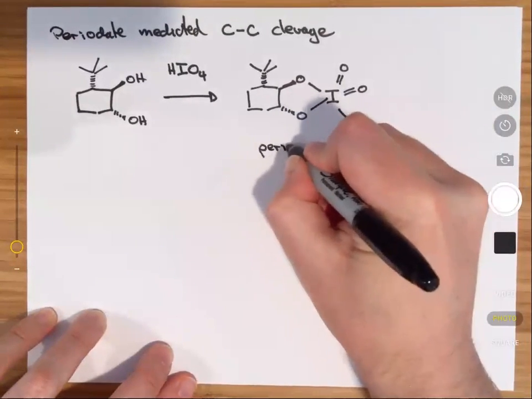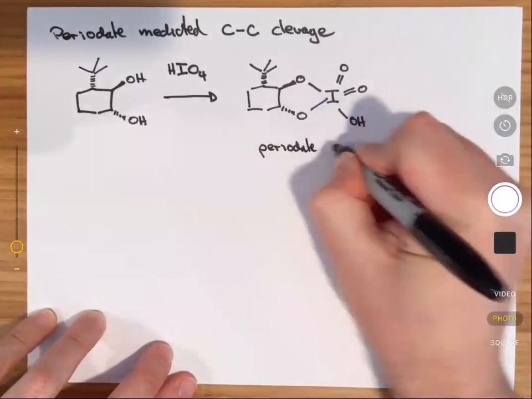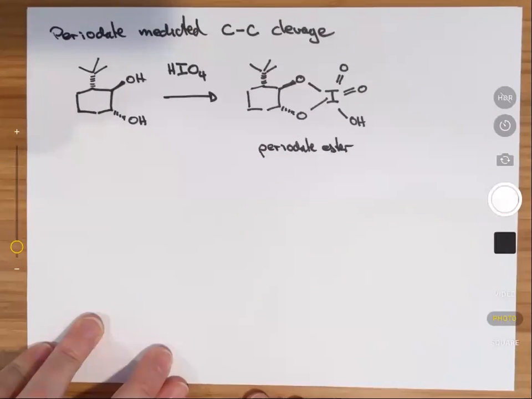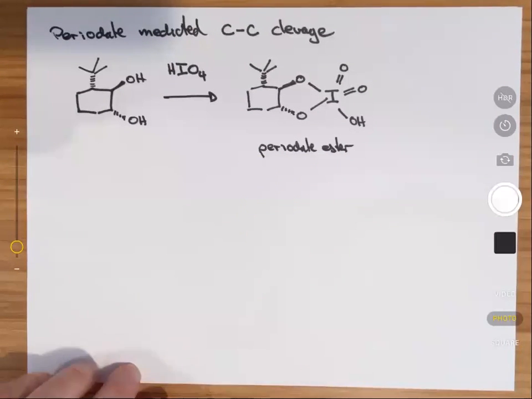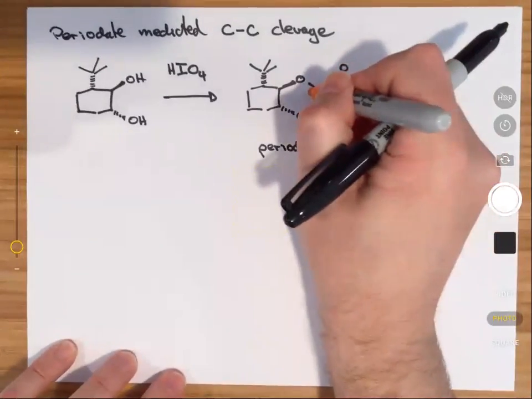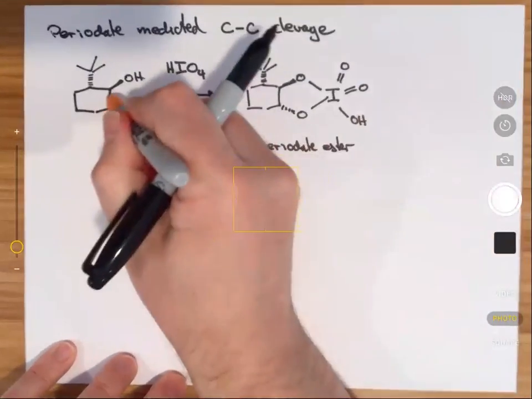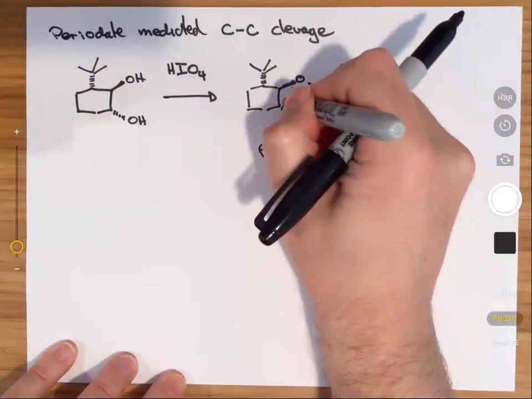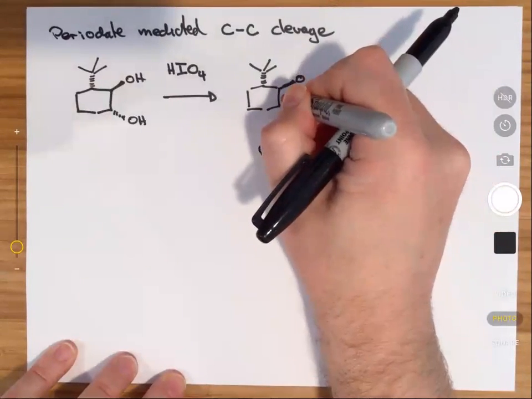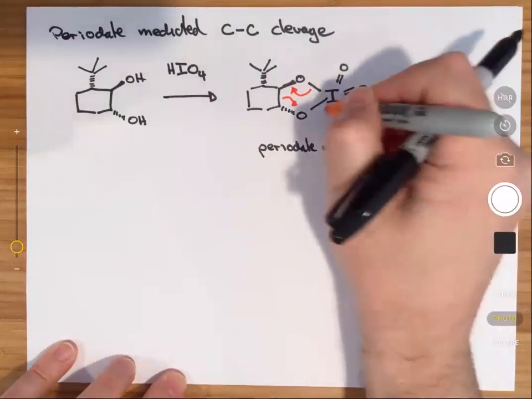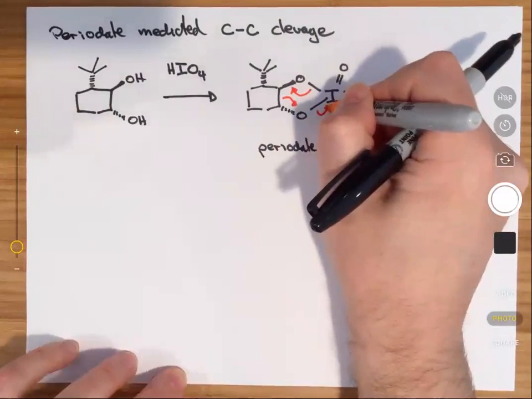Periodate ester, right? And this in itself can now cleave, and you can basically draw these arrows out if you want to. So the idea is we want to cleave this carbon-carbon bond here. If you think about this as a retro 1,3-dipolar cycloaddition, that's what you essentially get out of this.